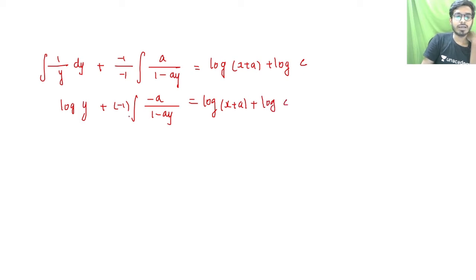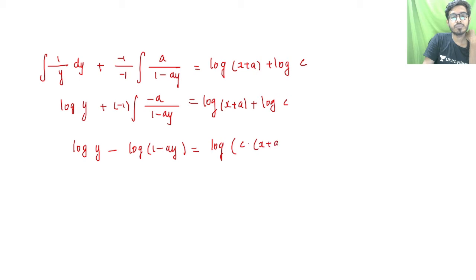Now you can use this formula, integral f dash of x by f of x. So when you differentiate this, you will have minus a. So this will be log y minus log of 1 minus ay is equal to, so log a plus log b, it is log a into b, right? And log a minus log b is log a by b.